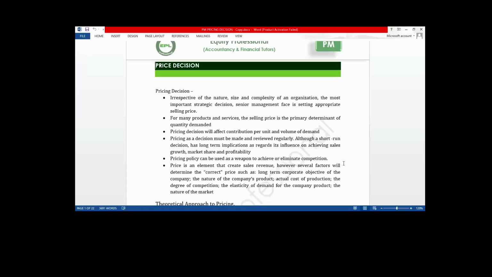Number four is the degree of competition. If a company operates in a competitive market where competition is very high or very steep, then you cannot afford to increase your price anyhow.